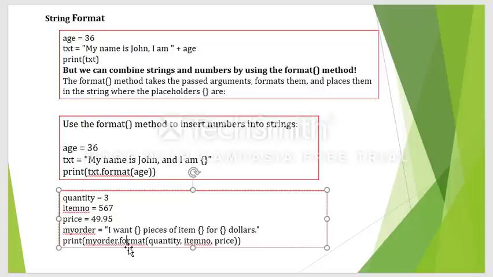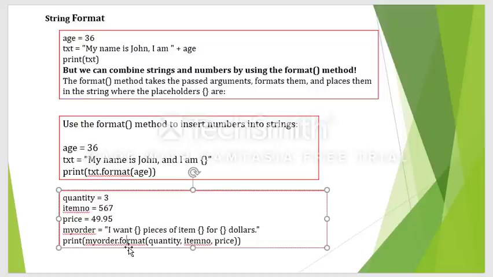Now I have taken a string called my order, which is equal to, I want something. At that place what you require is brackets. Pieces of item, then again item number. This bracket will be replaced with item number. Then after that again there are brackets, which will be replaced with the float value price.